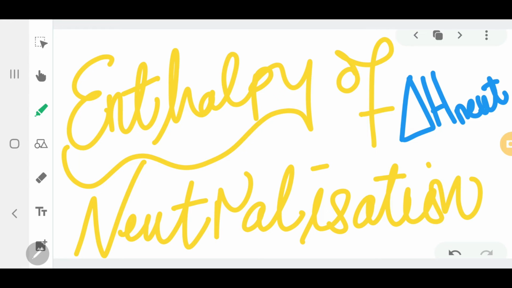Next one is the enthalpy of neutralization. This is quite popular when it comes to calculation and problem solving, which we're going to have a look at in another video. Okay, so you need to know what is meant by enthalpy of neutralization. You have seen the neutralization process in the practicals that you have done maybe in the past, and also in previous chapters, ionic equilibria, but what does enthalpy of neutralization mean when it comes to thermochemistry?